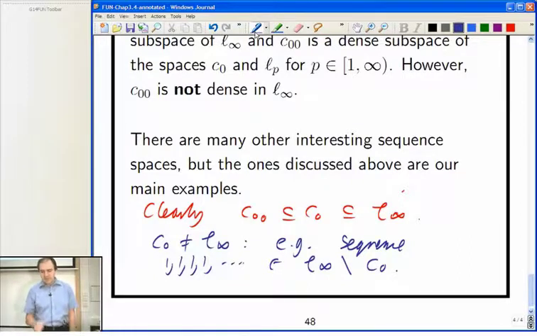So once we show that C0 is closed in L infinity, it'll follow that C00 is definitely not dense in L infinity, because the closure of C00 is going to be a subset of C0.